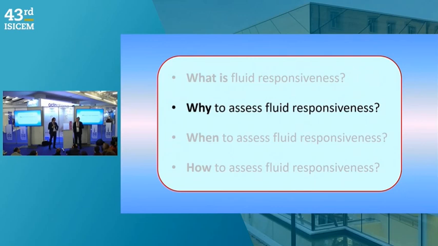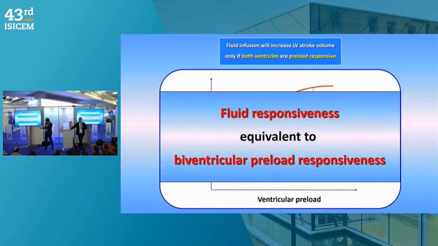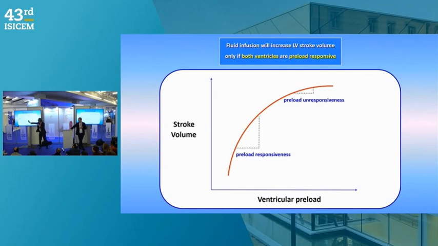This is the most important aspect. This is the most important reason. Not all patients are fluid responsive, for at least 2 reasons. First, because many times they already receive fluids, and therefore, if I go back to this, they already increased the size of the ventricle, if we want to be simple, and they would be on the flat part of the relationship.